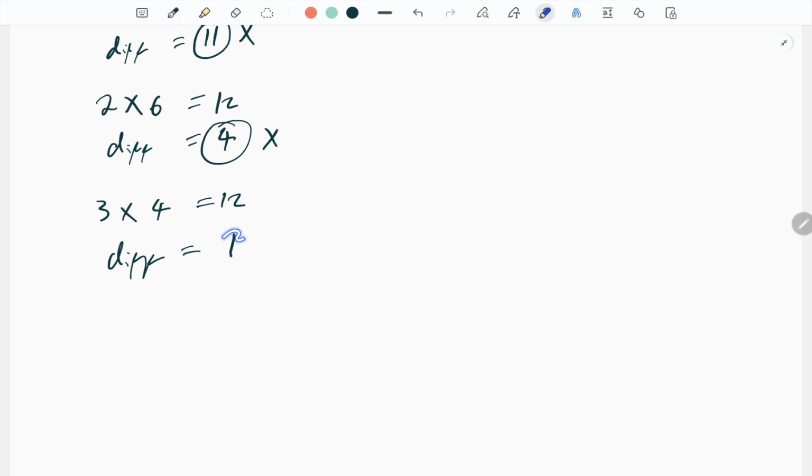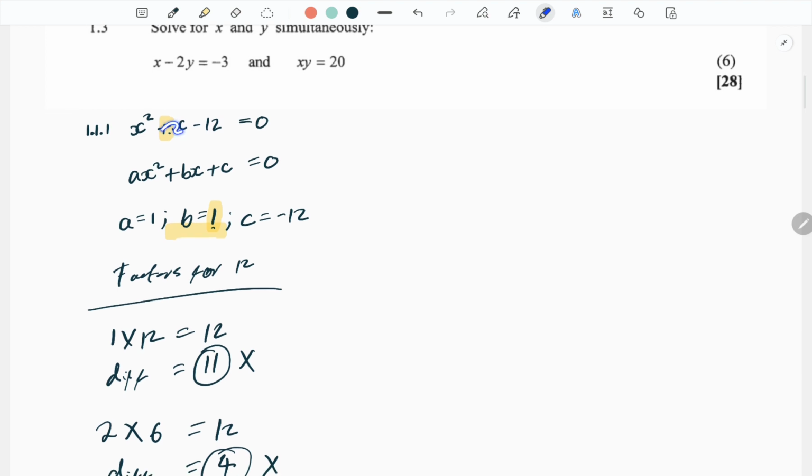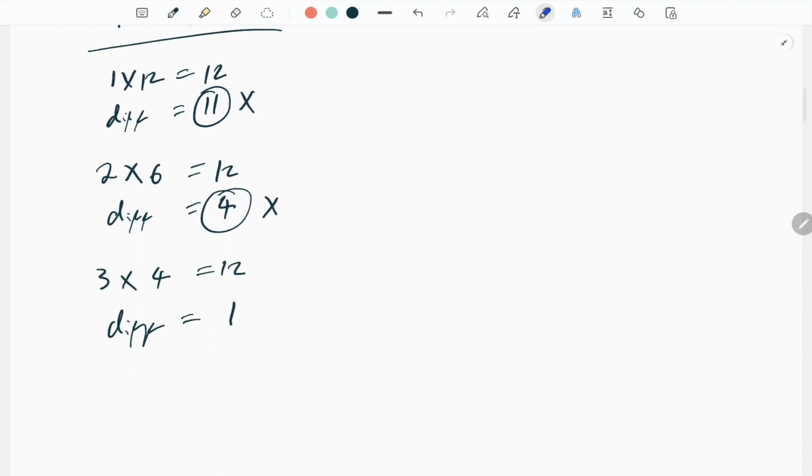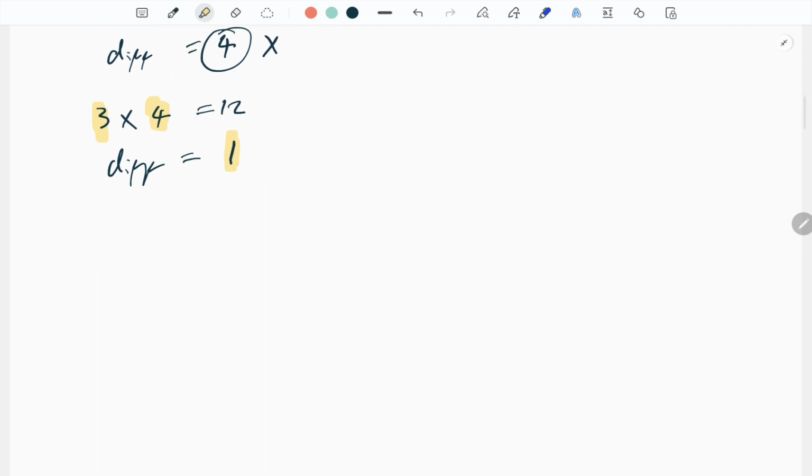So now we have this constant, which is 1. The factors 3 and 4 give us 12, and the difference gives us 1. So we can use these factors 3 and 4 because they give us the constant for the middle term, which is 1.